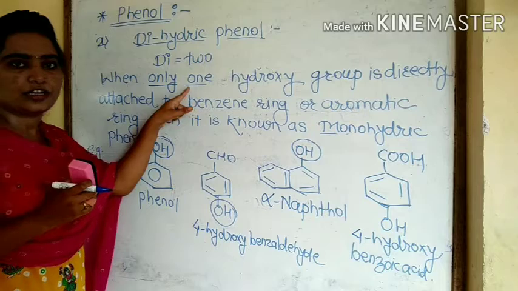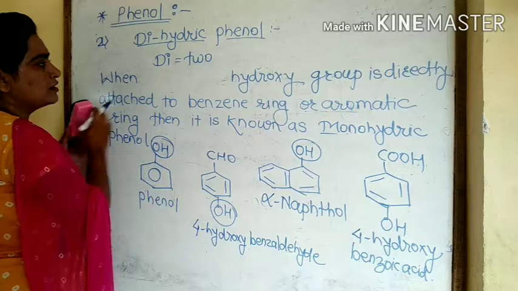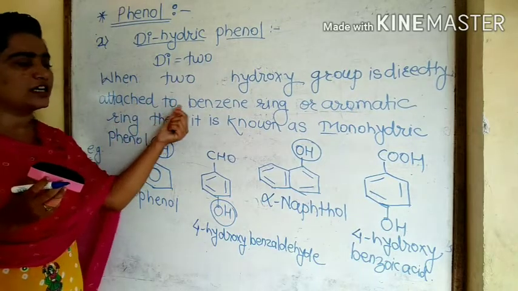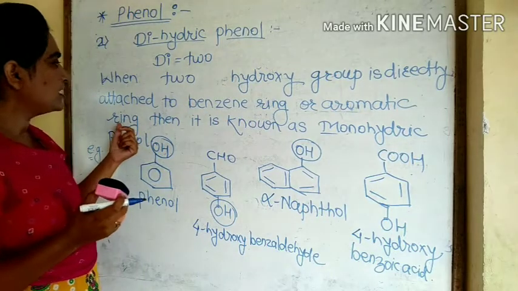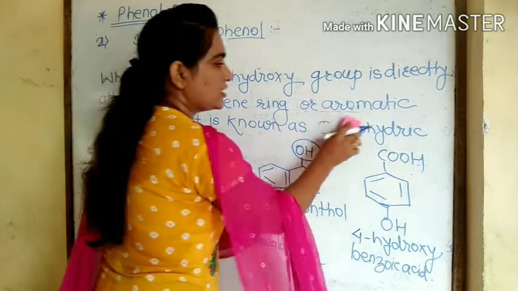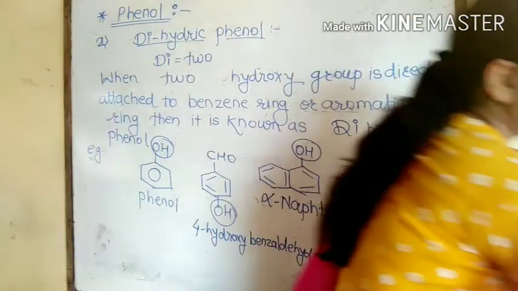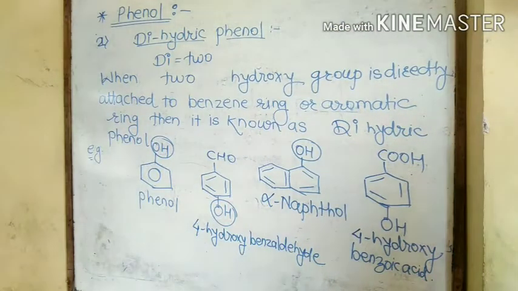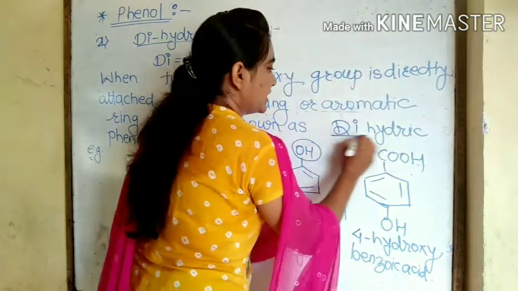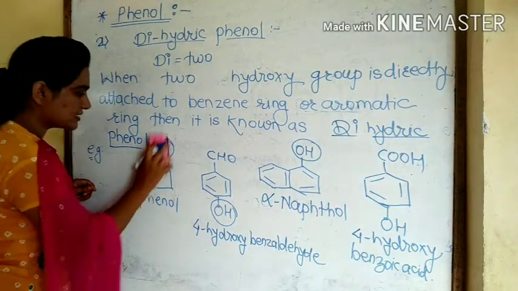Where it was only one for monohydric, in place of only one we can write: when two hydroxy groups are directly attached to the benzene ring or the aromatic ring, then it is known as dihydric phenol. Okay, so it is called dihydric phenol. Okay, now we take the example.